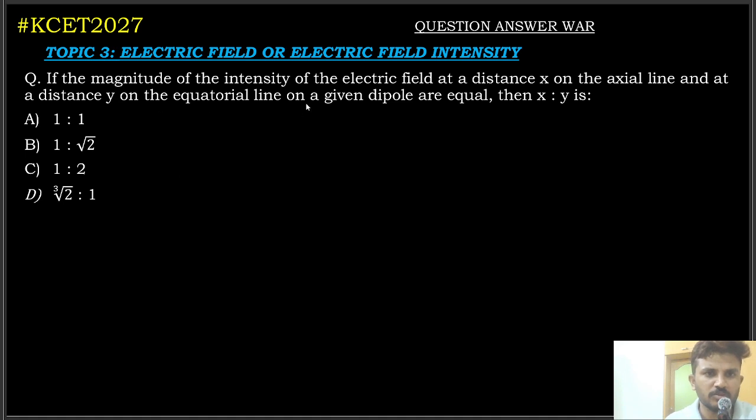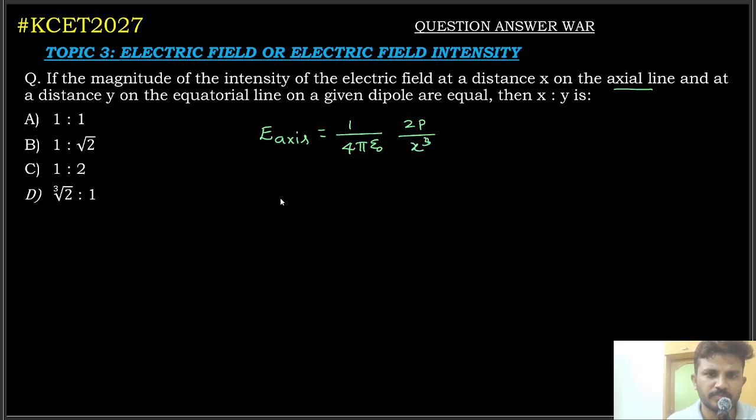Then, if the magnitude of intensity of electric field at a distance x on the axial line and y on the equatorial line of a given dipole are equal, then x is to y ratio is. So the magnitude of intensity of electric field at a distance x along the axial line, let me take E axial, is given by 1 over 4 pi epsilon naught 2p by x cube.